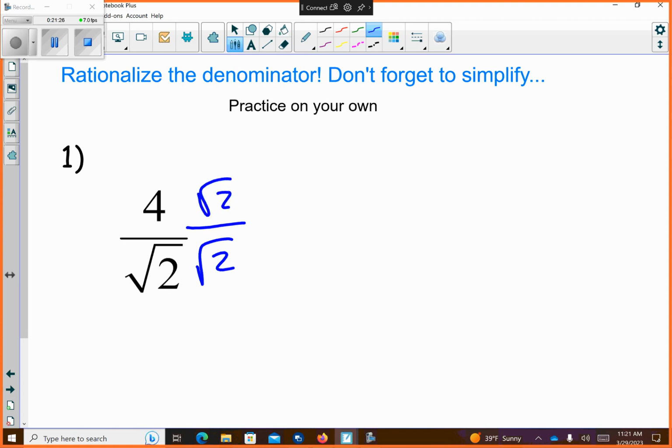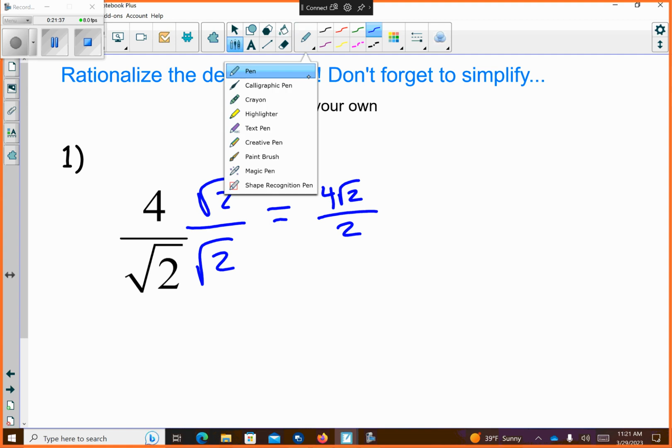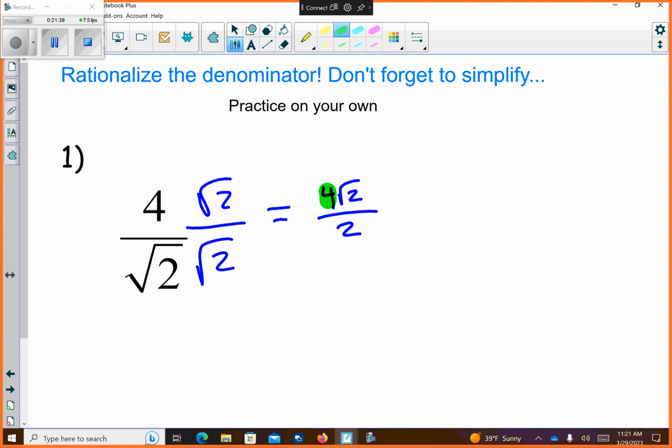You got the answer right, too. Good job. So on top, 4 root 2. Root 2 times root 2 has to be what? 2. Are there numbers outside of the square root that can be reduced? 4 over 2 is what? Yeah, so I get 2 root 2 because that reduces.